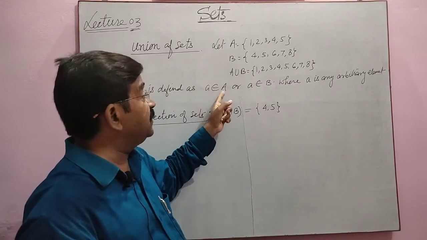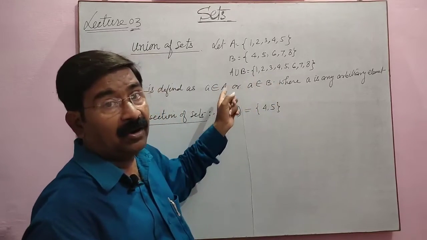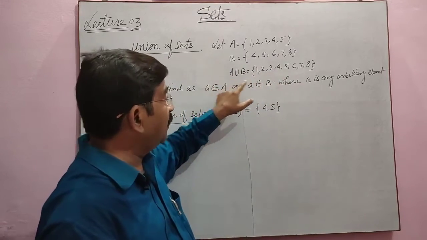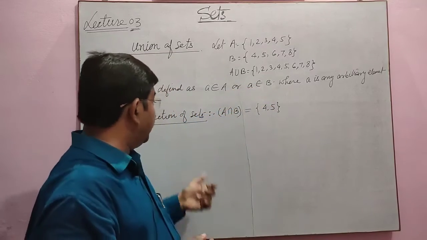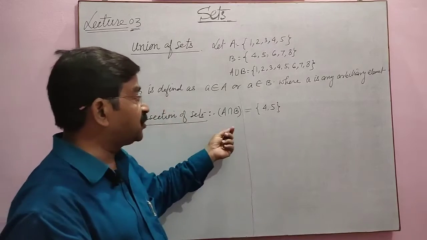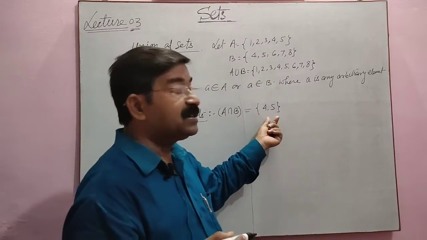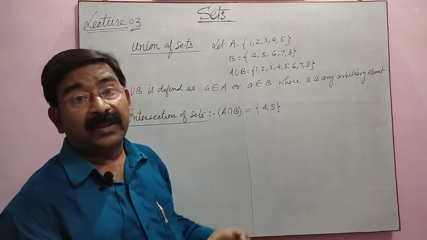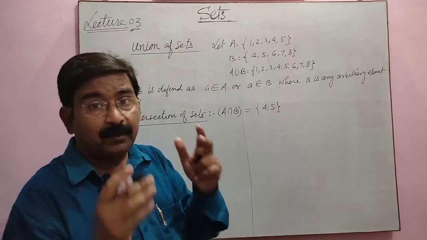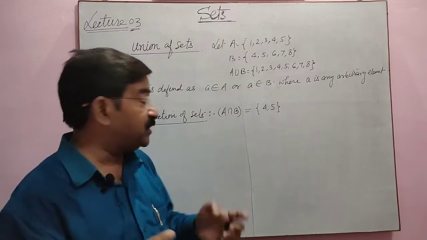Means the element is from A or from B, either from A or from B. But in case of intersection, we use the word AND. Means elements are found in A and B, both sets.